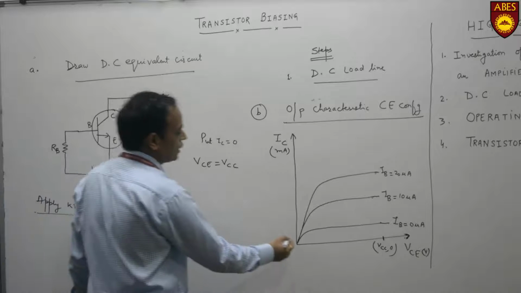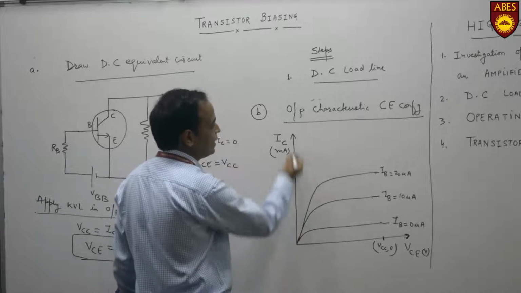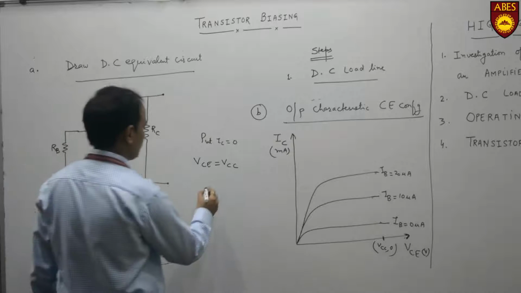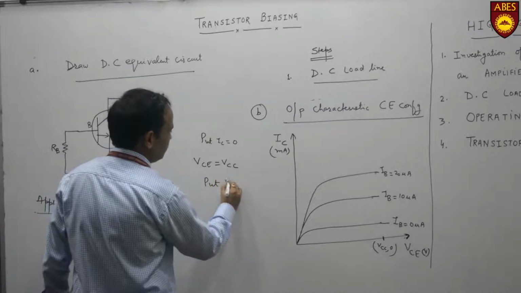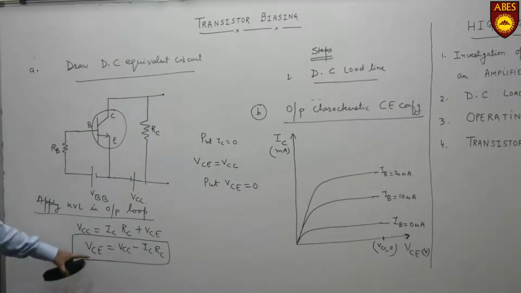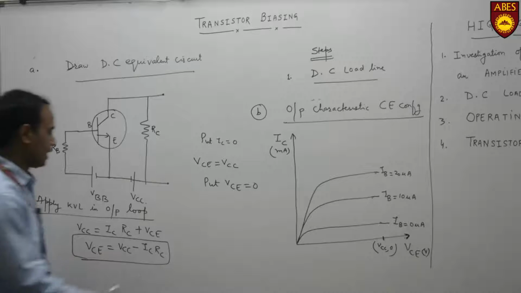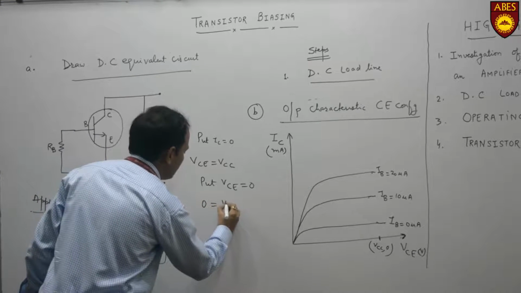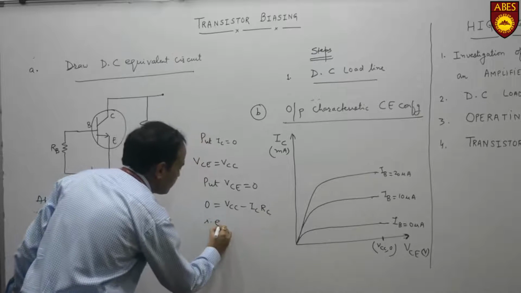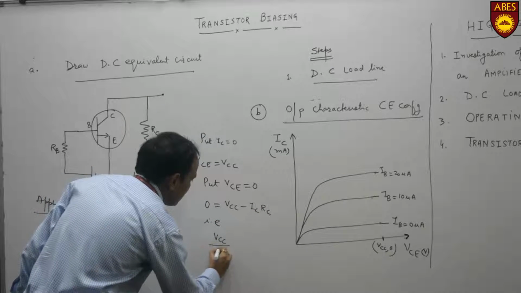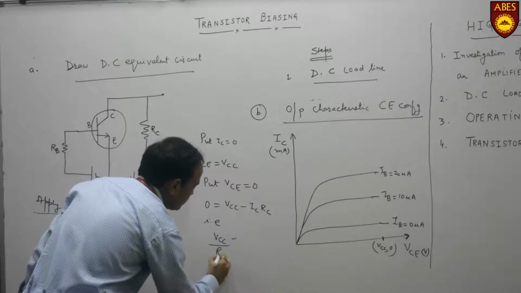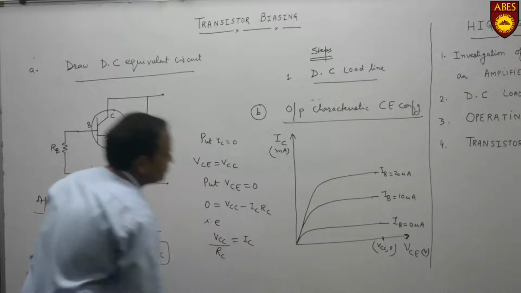Similarly, if I want any point on this axis, which is the y-axis represented over here by IC, I have to put VCE equal to 0. Now, when I put VCE equal to 0 in this main equation, I get 0 equal to VCC minus ICRC, that is VCC upon RC is equal to IC.